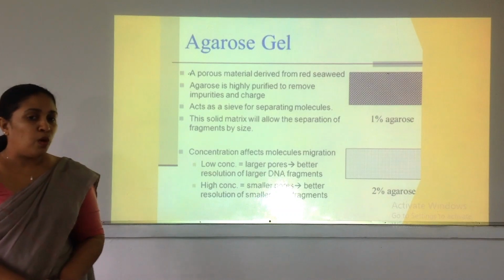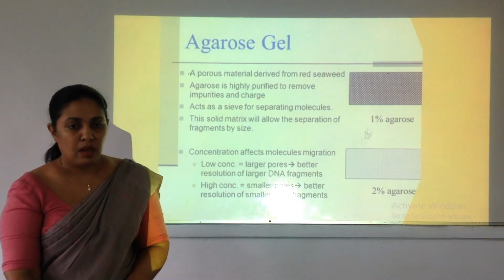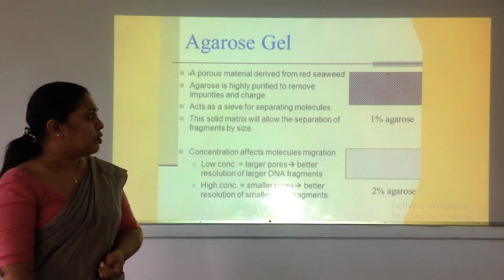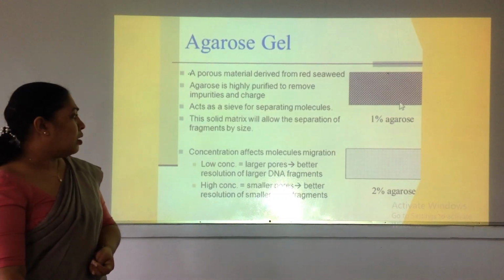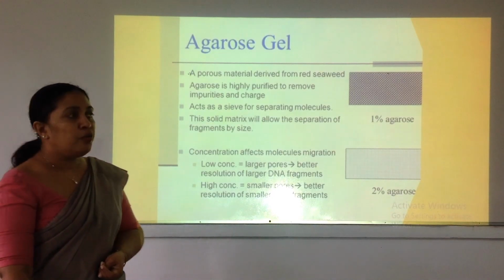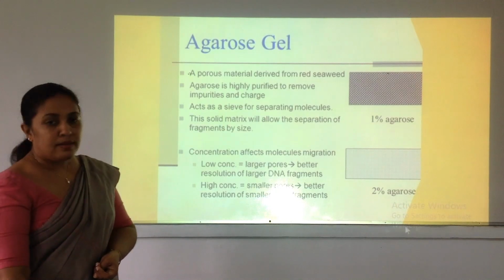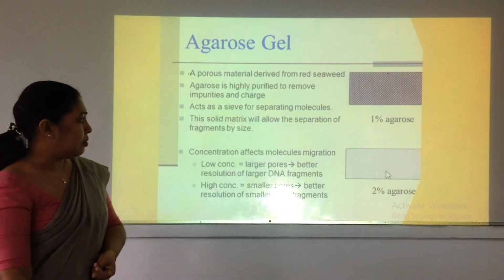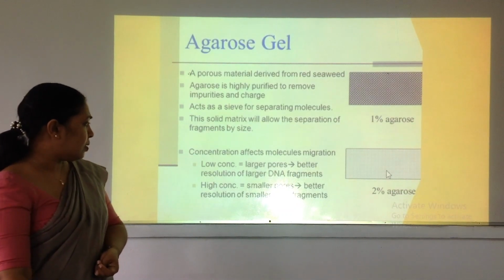When the agarose gel is formed, the matrix looks like this. This is 1% agarose. You can see the pores are small, and this lower concentration is good for resolution of DNA molecules. This is 2% agarose, and it has much smaller pore size.